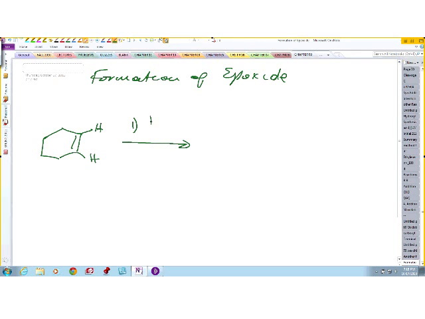Say step 1, bromine water or chlorine water. And step 2, sodium hydroxide or potassium hydroxide. And then what you get is your epoxide.